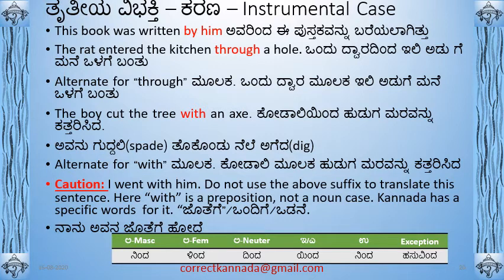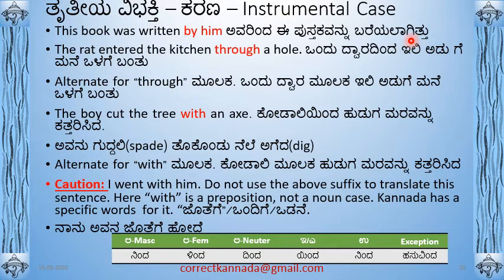Okay, so examples of the Tritiya Vibhakti. This book was written by him, right? This is where you use the Tritiya Vibhakti. Avarinda ee pustakavannu barayalagittu. So as I mentioned before, the Tritiya Vibhakti is extensively used for converting active voice to passive voice, right?